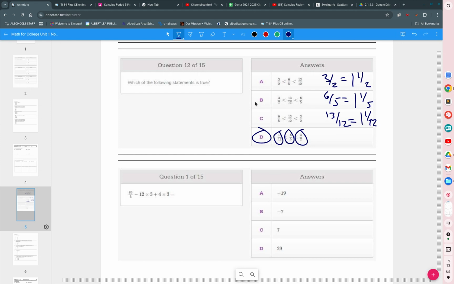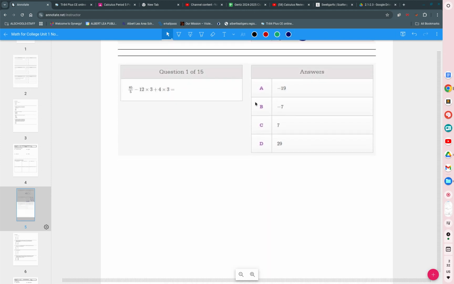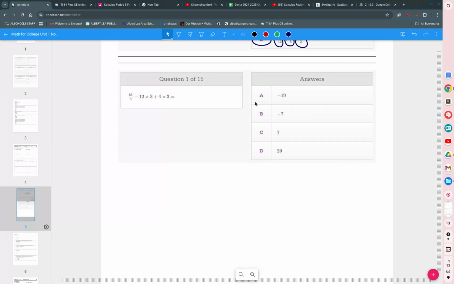And then finally, the order of operations says that we do division and multiplication first as they come left to right. So this piece right here, 85 divided by 5. 85 is divisible by 5 17 times, minus 12 times 3 plus 4 times 3.